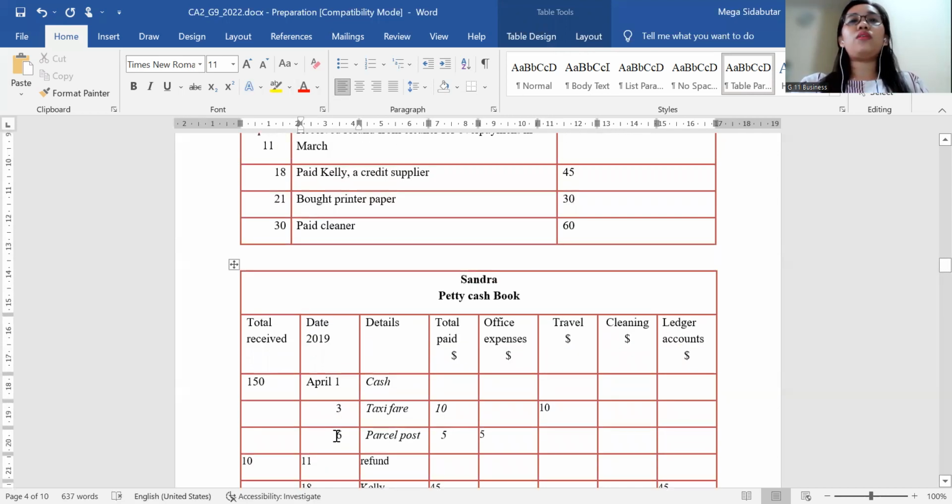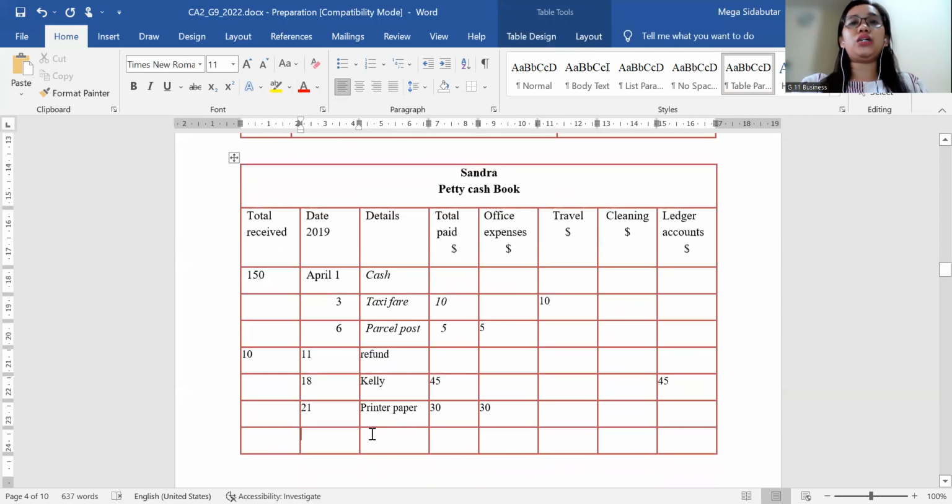And then the last one is paid cleaner, on the 30th. This is where the cleaner's wage will be. It's around how much? 60. We will put it on the cleaner side.